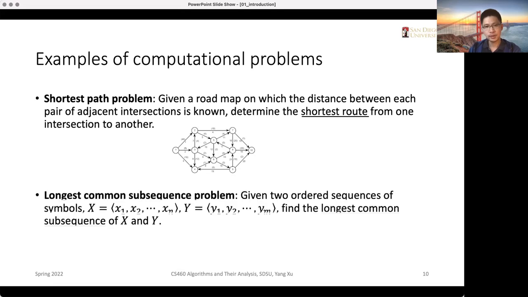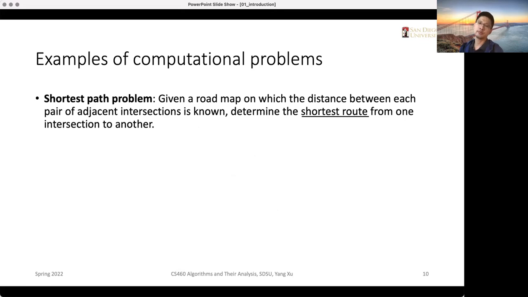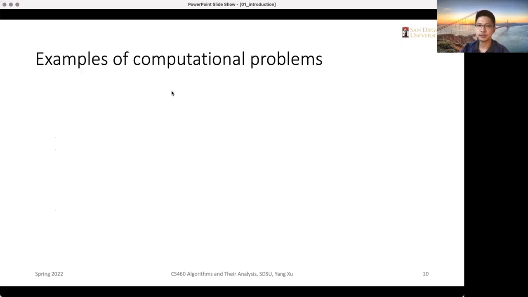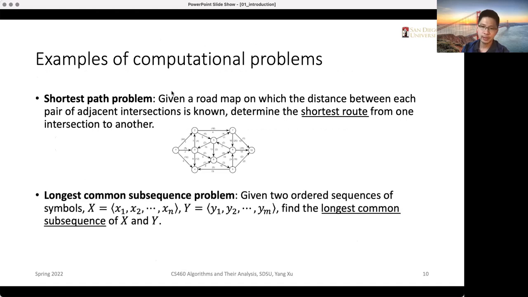Okay. So the longest common subsequence problem mentioned here is one algorithm that is useful for gene comparison tests or gene projects. Because it's a problem we can use to compare the similarity between two sequences.